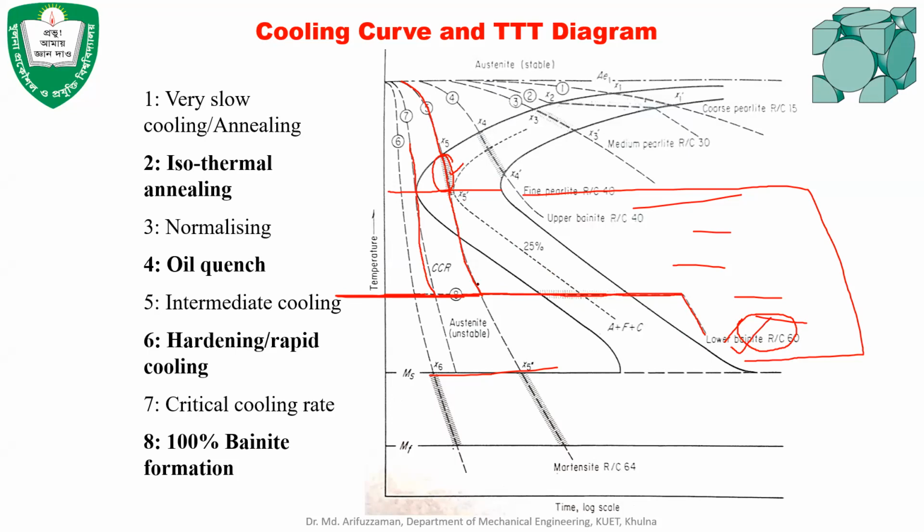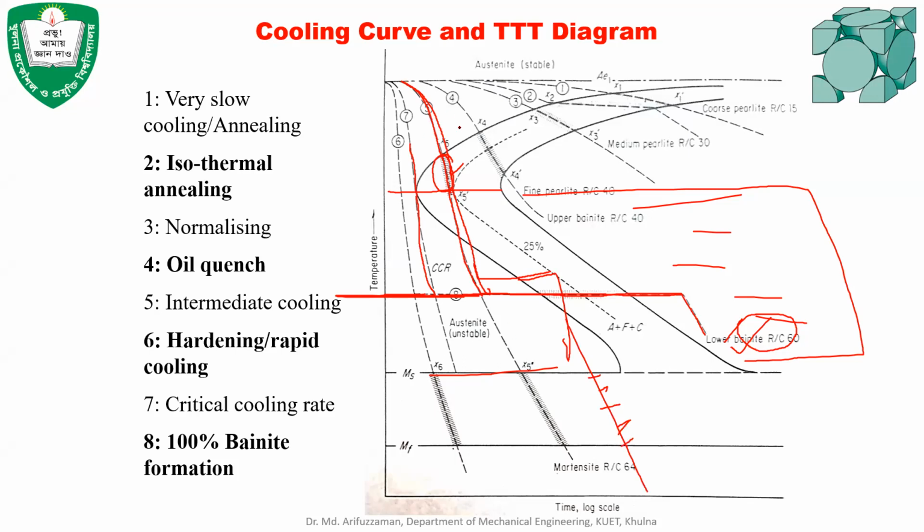Okay, and also if you want to obtain all three structures, pearlite, bainite and martensite, then you have to apply the cooling, obtain a certain amount of pearlite, and then keep it at a certain temperature. You get 25% bainite. When the 25% bainite is produced, then you quench it to obtain martensite.